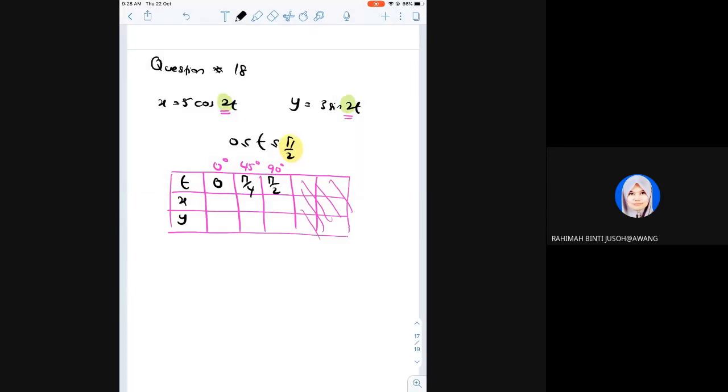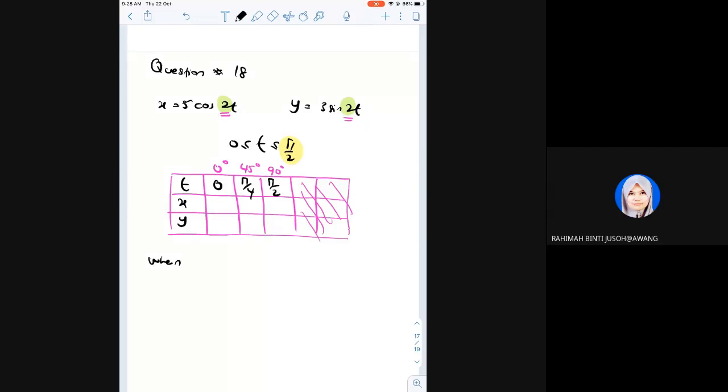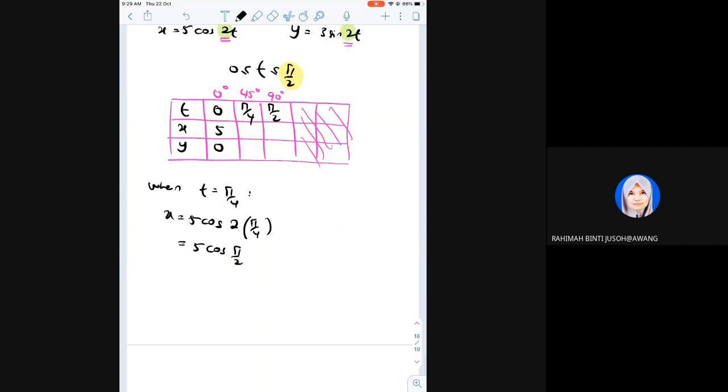So now substitute value lah. Okay, kalau 0 tak ada apalah, x equals 0, so 5, 0. Okay, when t equals pi over 4, saya tunjuk kenapa dia jadi macam tu. X equals 5 cos 2t, so 2t darab pi over 4, so dia jadi x equals 5 cos pi over 2, which is 0.